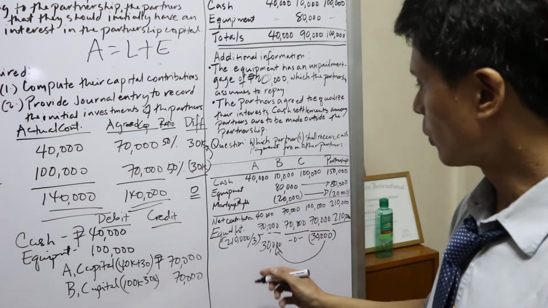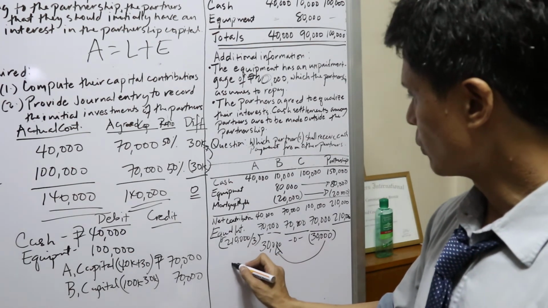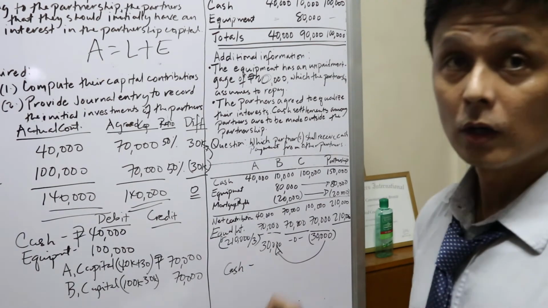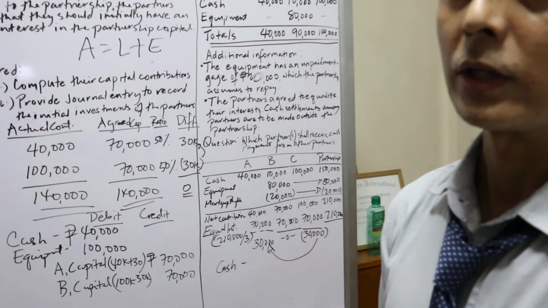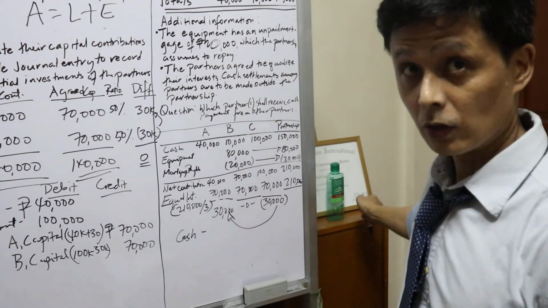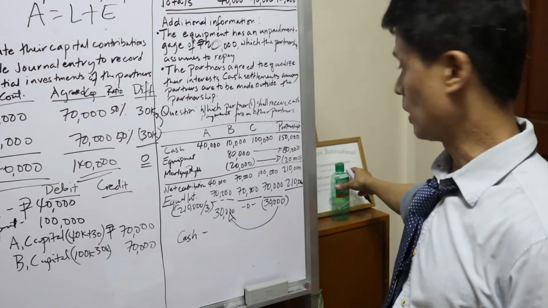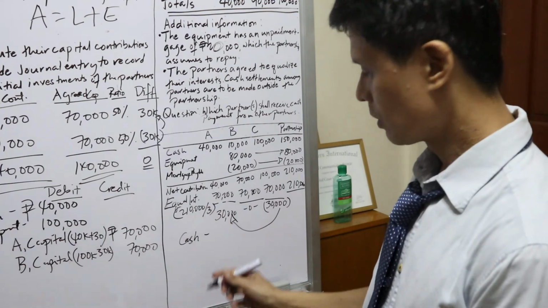So there you go. So ang pinaka niyan, the journal entry there, this would be a debit to cash for 150,000. I hope you can see it, no?